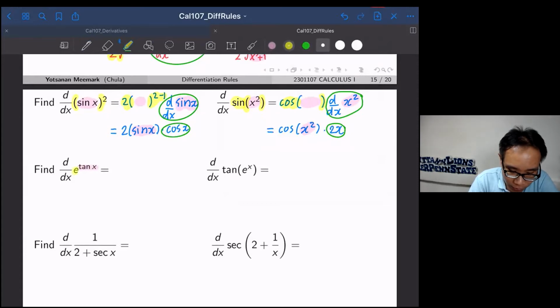So the function outside is going to be e. So it's going to be e to the 10x. When you differentiate, it's going to be e to the function, okay? So this one is the pink guy, okay? So e to the pink guy, and you differentiate the pink guy, so it's d/dx of 10x.